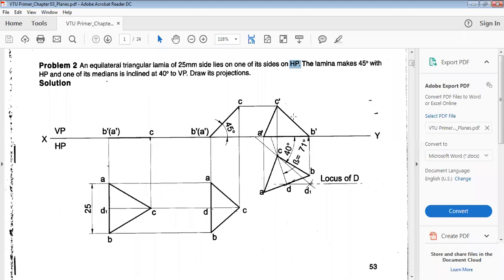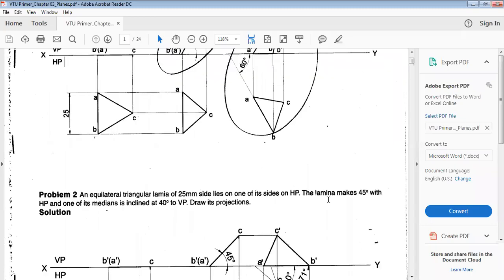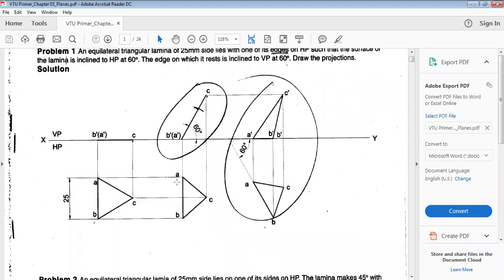I'll just come back to you. So for example, if you look at this problem number two, earlier, whatever we have seen, the edge AB was resting both with respect to HP and VP. If you look at any problem, for example, I'll just take this as an example, first problem.